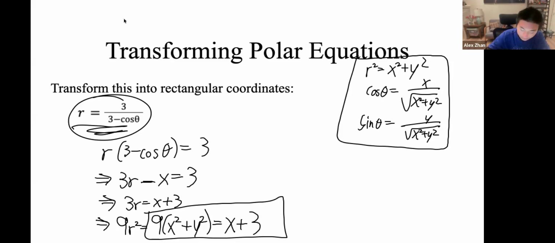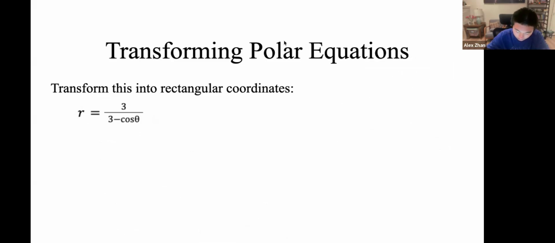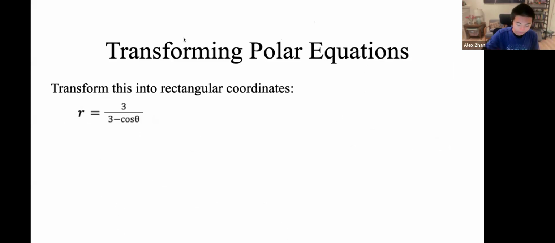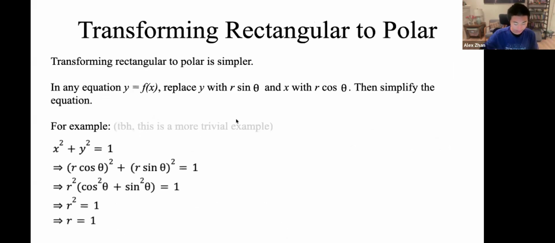Okay, I hope you understand this because the homework will involve quite a few questions like this. These problems are basically algebra problems.